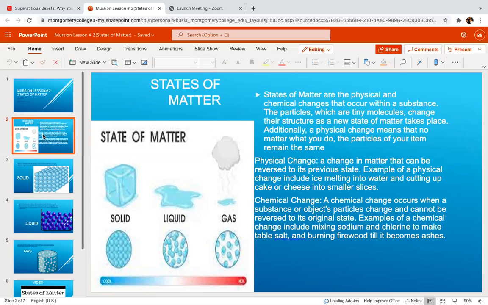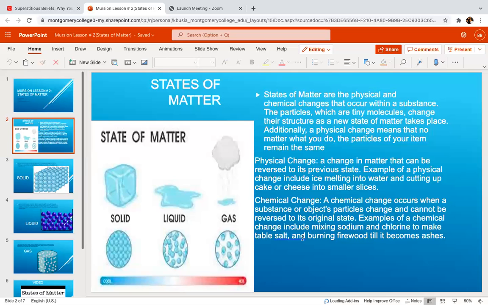An example of a physical change is melting ice into water and cutting up cake or cheese into smaller slices. Even though you're melting ice into water, it's still the same molecules and particles. And even though you're cutting cake or cheese into smaller pieces, it's still the same makeup. Nothing changes on the inside.